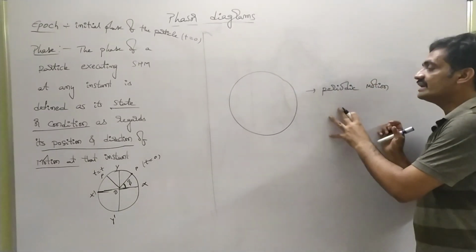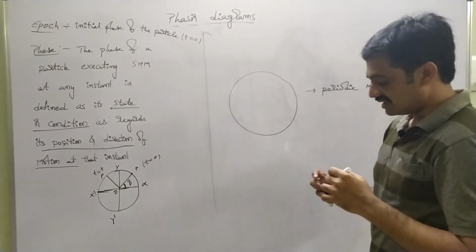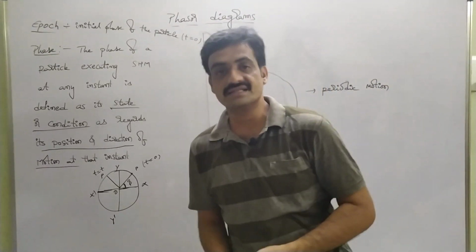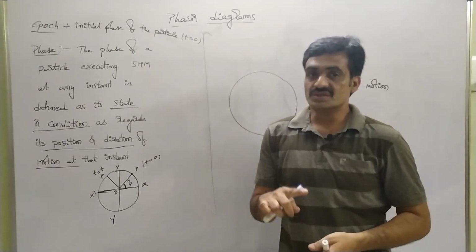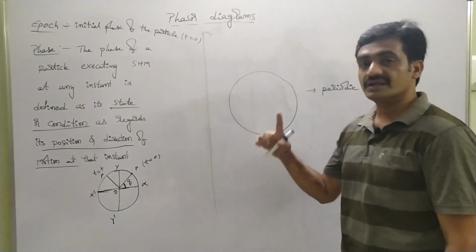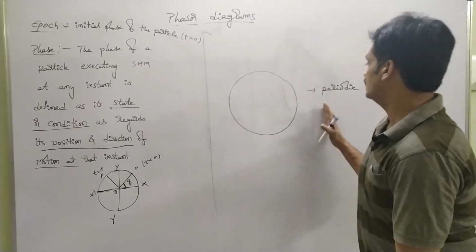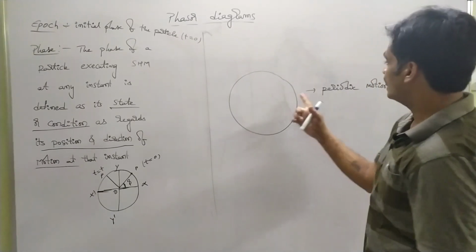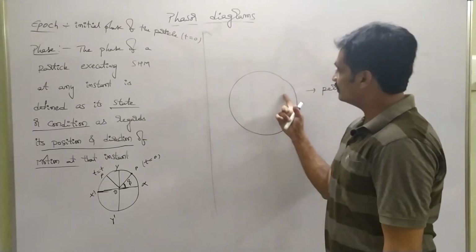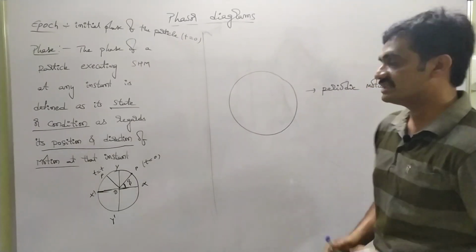We cannot consider it as a simple harmonic motion. Why? Because in the previous video we discussed that all oscillations are periodic motions, whereas all periodic motions are not simple harmonic motions or oscillations. So based on that concept, since the particle is moving in a uniform circular motion, we cannot consider it as SHM.